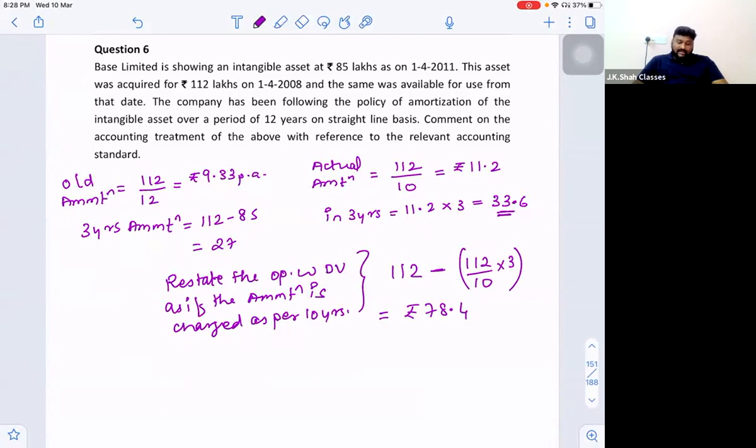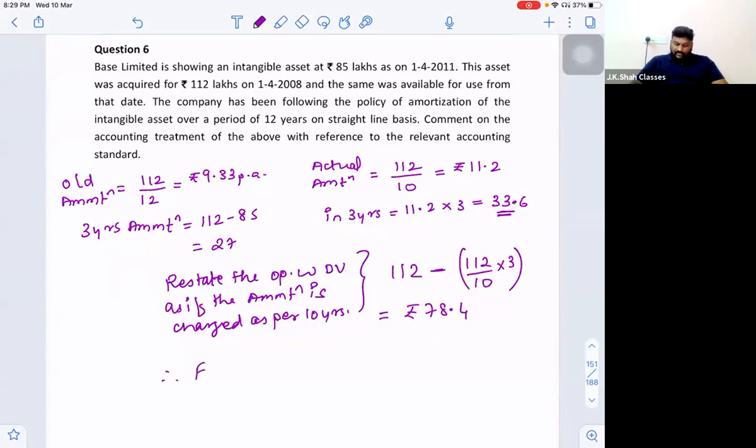Correct? But now what is your current WDV? Sir, the current WDV is 85. So you have to bring this down to 78.4. Means you have to now charge further amortization that was not charged in the prior years.